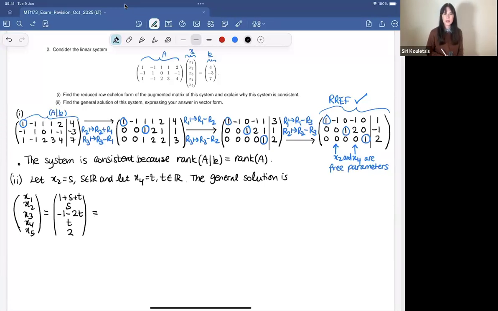And now we write this out as a position vector on this two-dimensional flat plus scalar multiples of the two direction vectors.